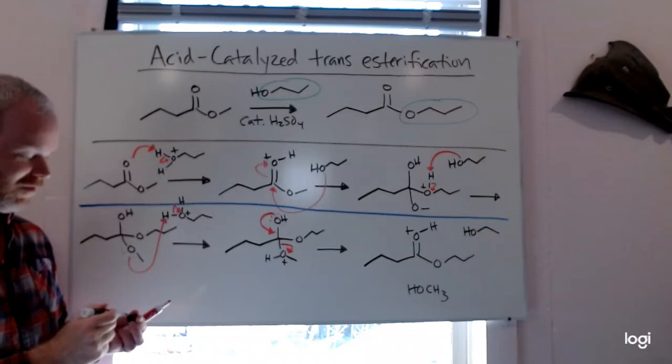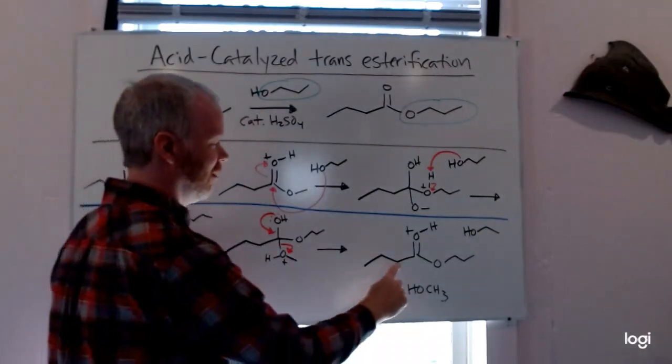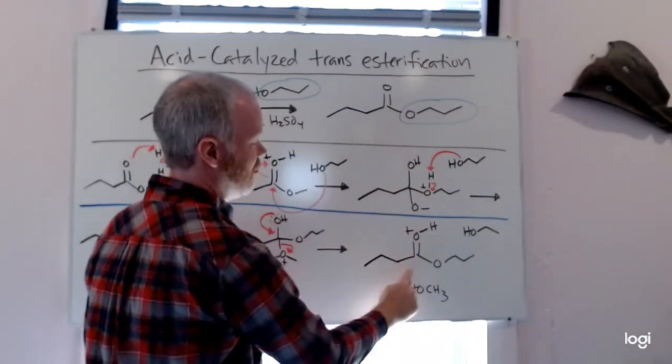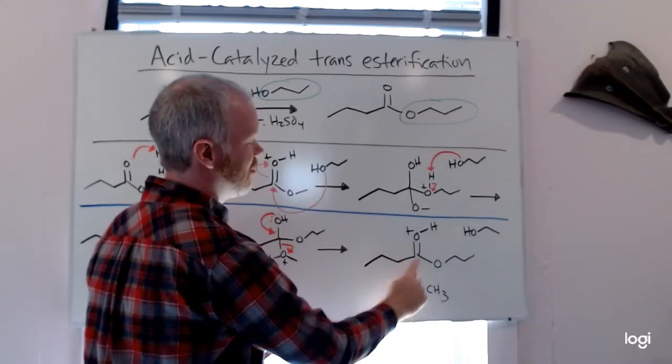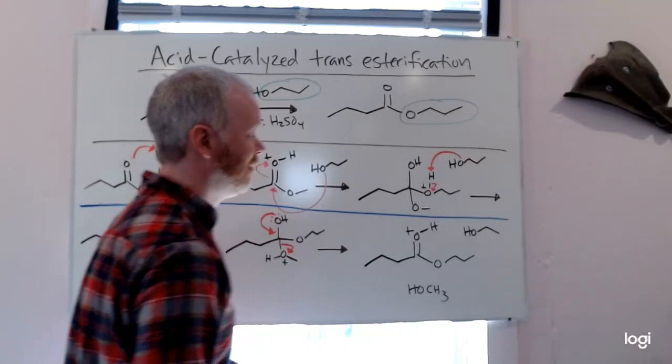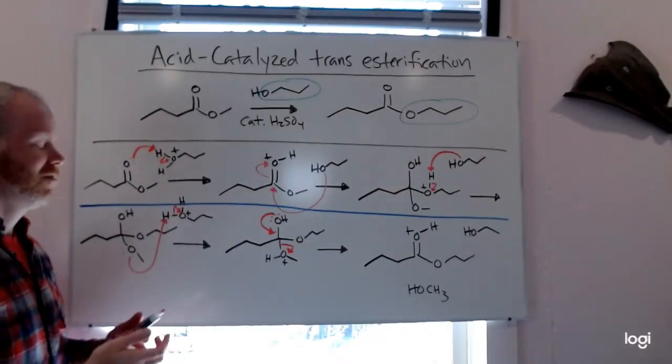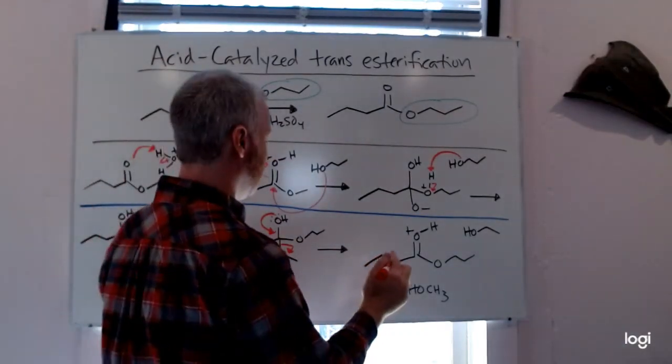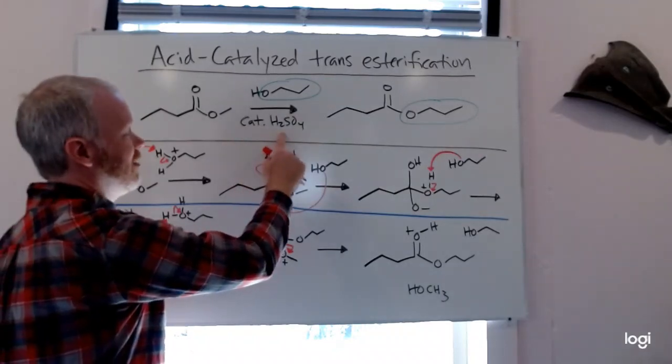All right, I'm feeling like it's pretty close. Right, so I'm really close to my ending structure here now. I've just got the extra proton up on the carbonyl, and that can go away with another proton transfer, right? So our acid was catalytic, right?